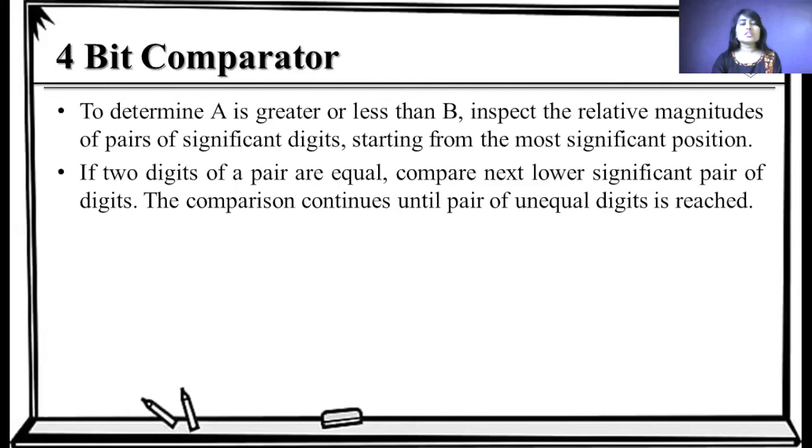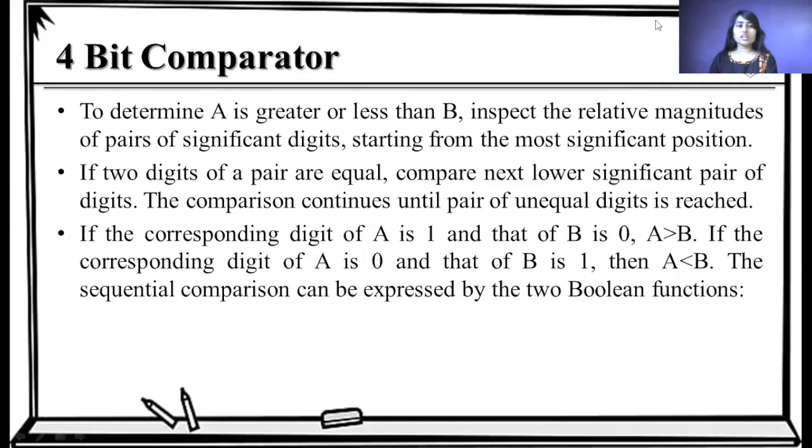The comparison continues until a pair of unequal digits is reached. If the corresponding digit of A is 1 and that of B is 0, then A is greater than B. If the digit of A is 0 and that of B is 1, then A is less than B.